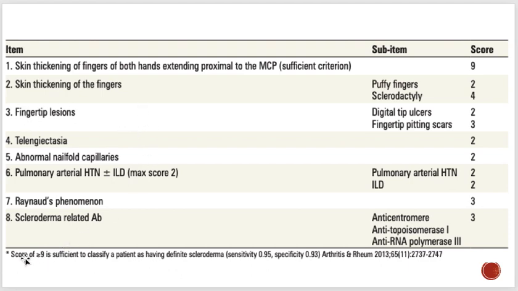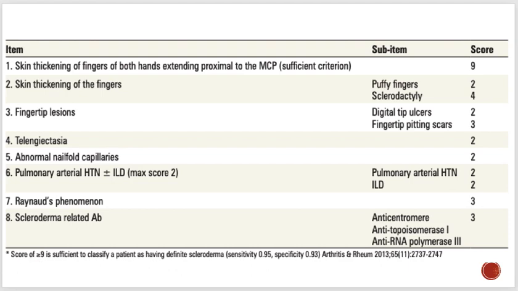And you can see a score of 9 or greater is sufficient to classify a patient as having definite scleroderma. You can see the items: skin thickening of the fingers of both hands extending proximal to the MCP is a sufficient criterion. See how much is there? 9. So anyone who has this, we need equal to or more than 9. So the thing is quite obvious that the patient has scleroderma.